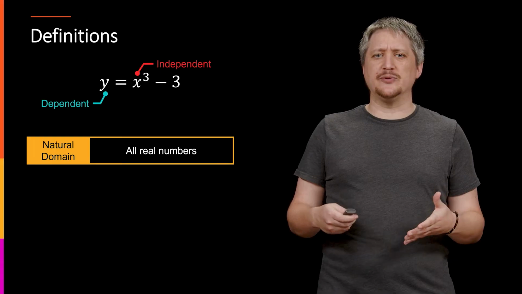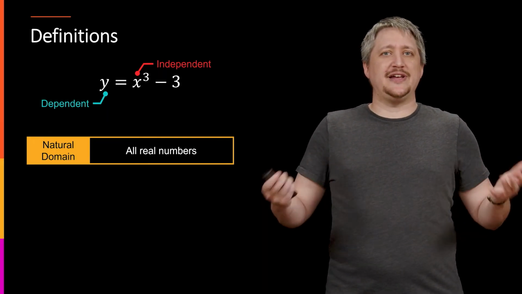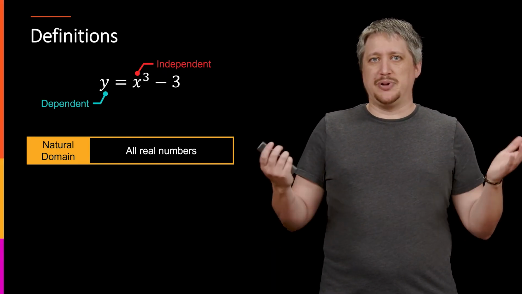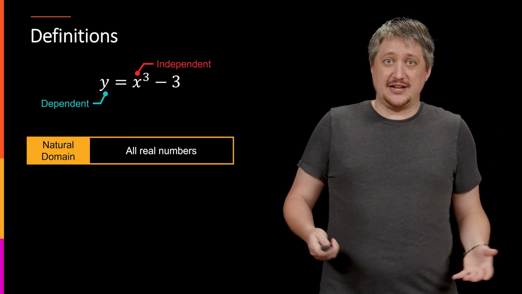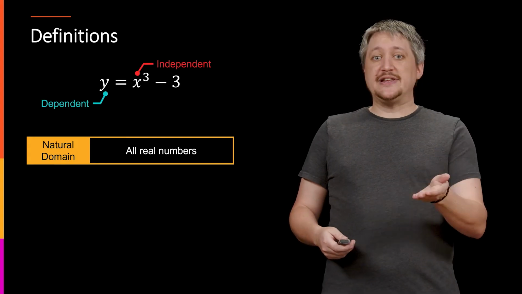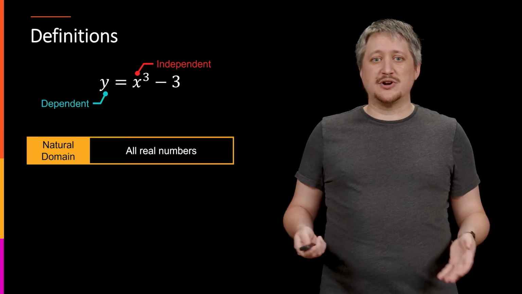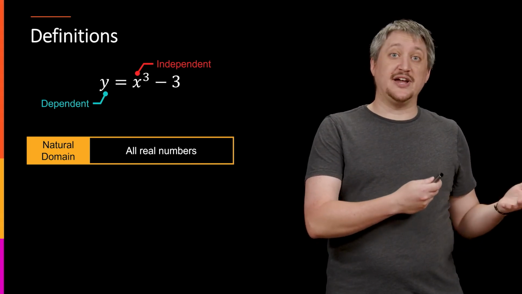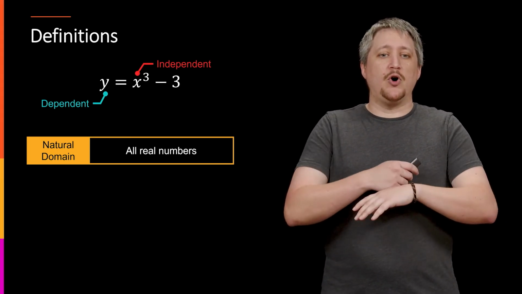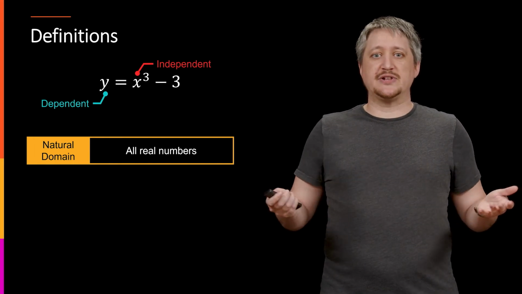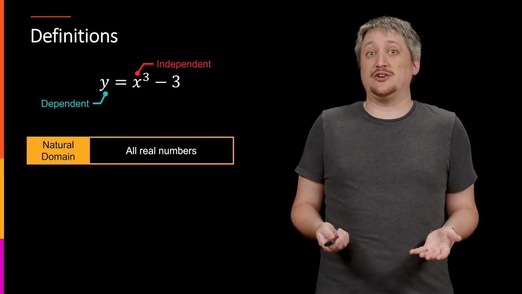So in this case, the natural domain is all real numbers, because any real number I pick, 5, pi, 27, -3, whatever, I could plug it in as the x, I could cube it, it would work, I would get some sort of y value as an output, right? So all my real numbers are perfectly easy to cube, so that's my natural domain.